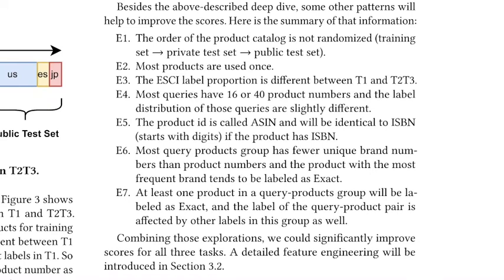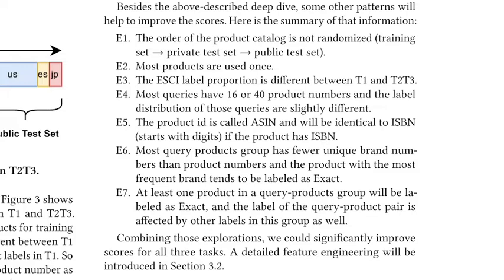So, besides the above deep dive, some other patterns will help to improve the scores as well. Here is a summary of this information. I have mentioned E1, E2, and E4 already before, so let's start with E5.